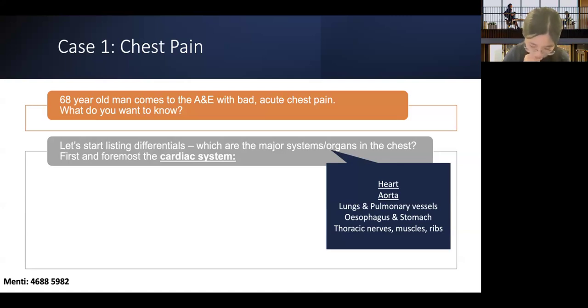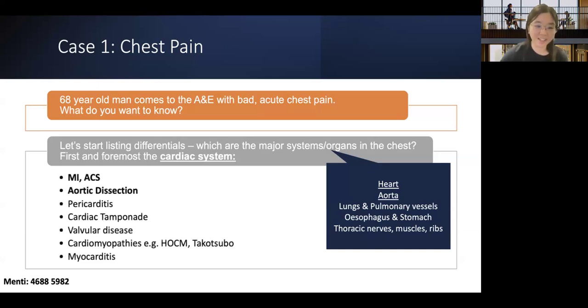MI, ACS, angina. Yep, ACS, angina, MI are pretty similar. And we also have pericarditis, PE. I would think those two are the biggest, most life-threatening conditions.